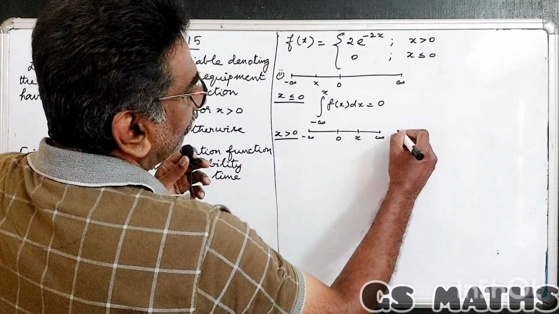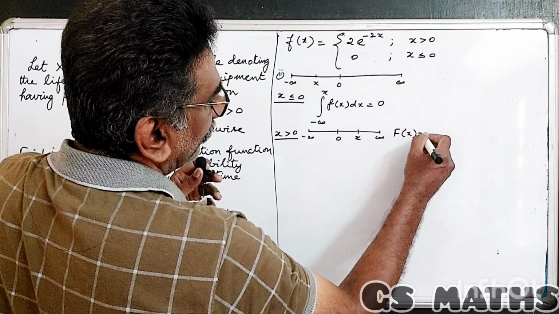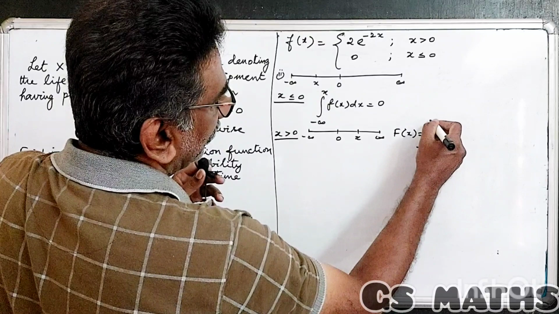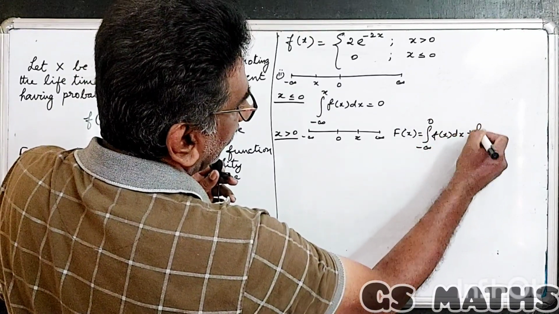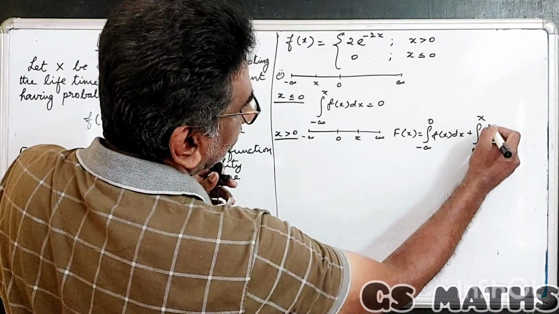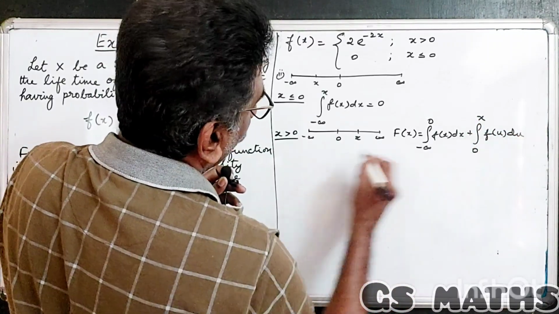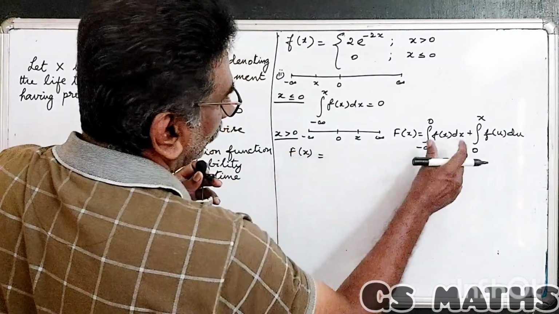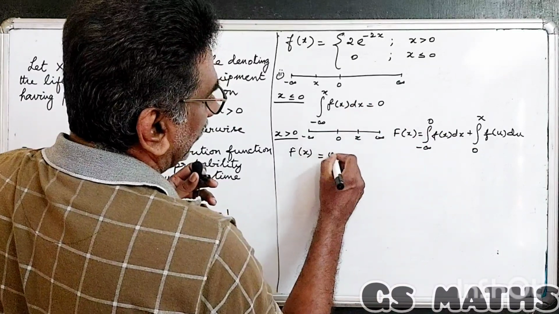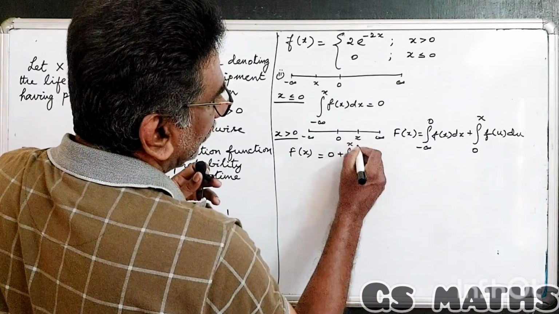Then how do we find the value? This is capital F of x is equal to integral minus infinity to 0 of f of x dx plus integral 0 to x. Since x is the upper limit, the variable becomes f of u du. Now capital F of x is equal to, the first part we have already found, that is 0, plus integral 0 to x of f of u.